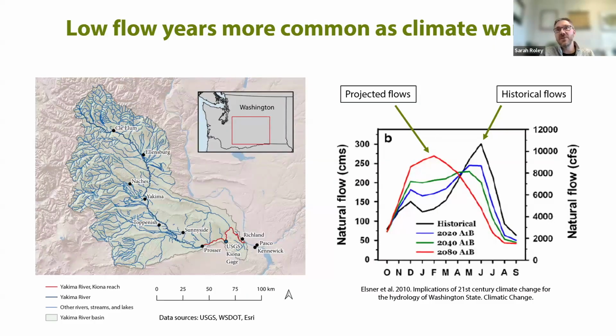And I want to come back to this same slide I showed earlier, because climate change is critical to consider here. So it's projected that low flow years are going to become more and more common in the Yakima Basin. And anecdotally, water stargrass biomass tends to be worse in low flow years.